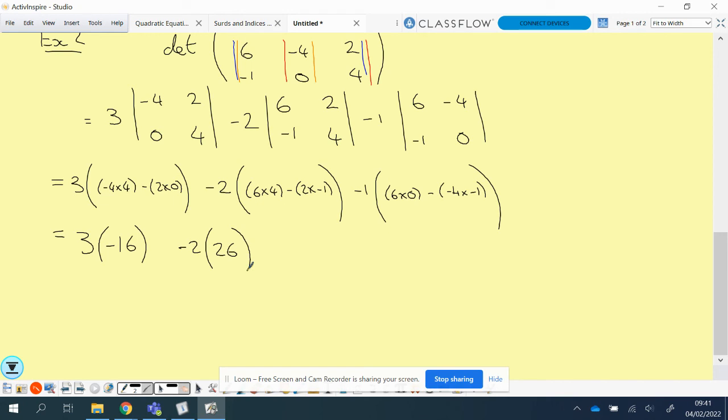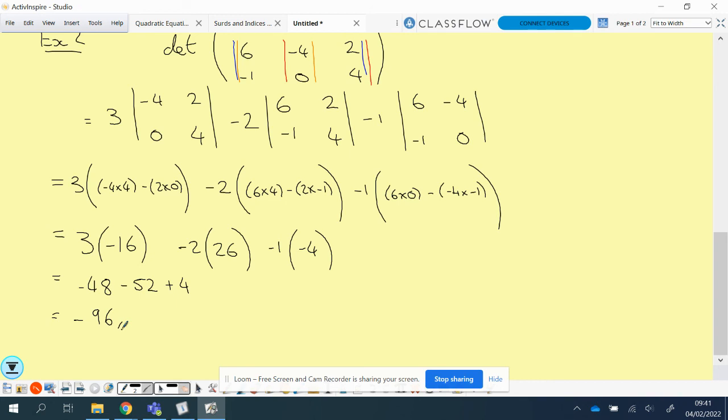And the next one's -1, and that's going to be hit with -4. So that gives me -48, -52, plus 4, and that gives me -96, if I've done my maths correct.